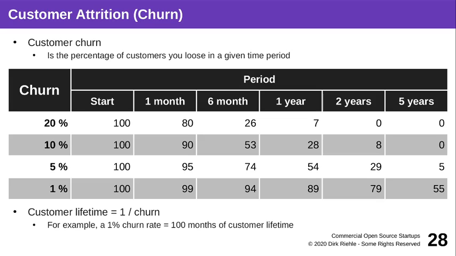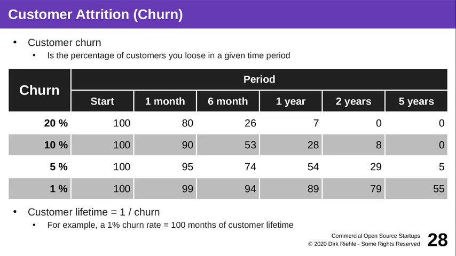Look at the other side of this. Happy, healthy customers with a churn of 1%. After a year, you lost 10% or 11% with a time period of 1 month. You lost 10%. And that's much easier to compensate by new customer acquisition than, say, the 93% of a 20% churn.